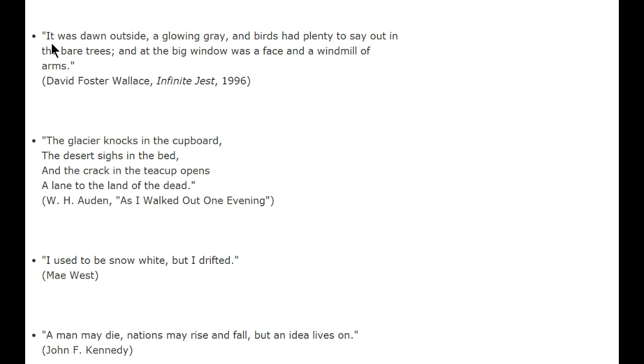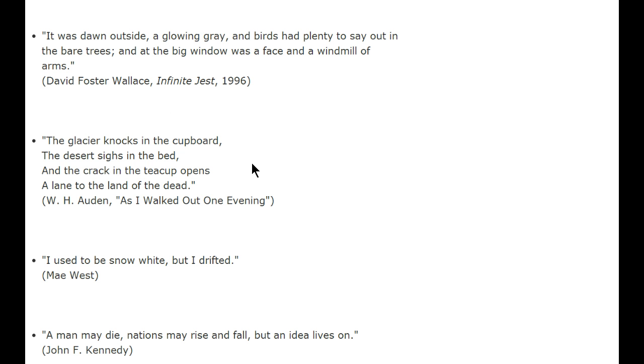Here we have an and: birds had plenty to say out in the bare trees. It was dawn outside. They're complete sentences. And then we have a semicolon and an and. At the big window was a face, a windmill of arms. It's also a complete sentence connected by and, and the semicolon is here as part of the punctuation.